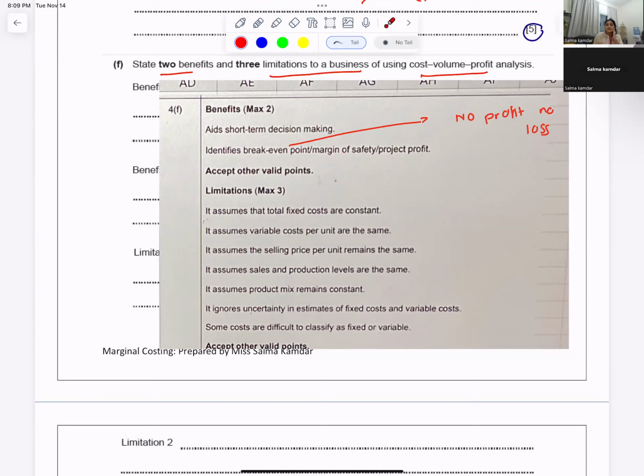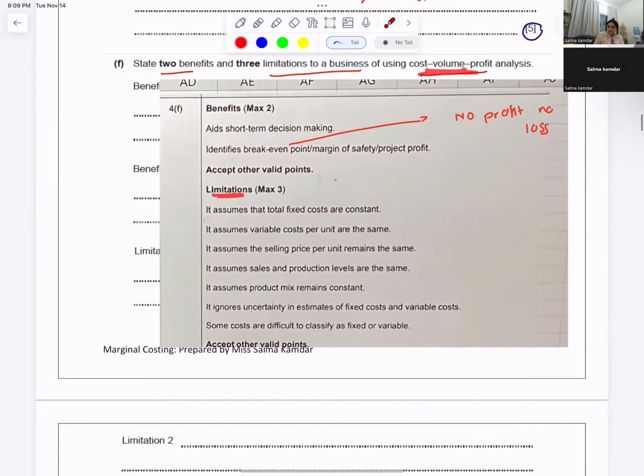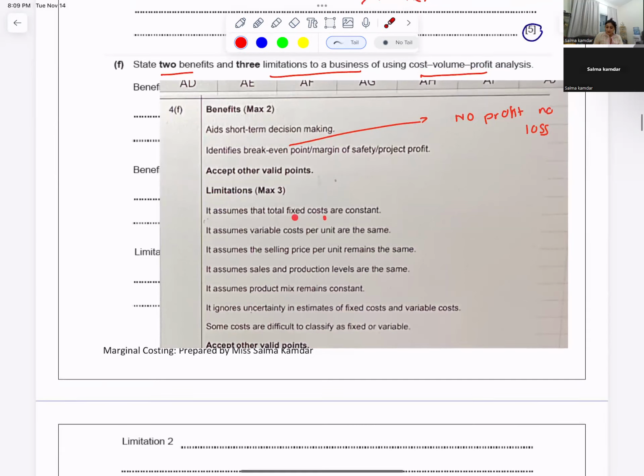That means how many units you have sold over and above your break-even point. But the limitation of your cost volume profit analysis is it assumes that fixed cost is always going to remain constant. It assumes that variable costs per unit are the same over all the period of time. And it also assumes that the selling price per unit remains the same.